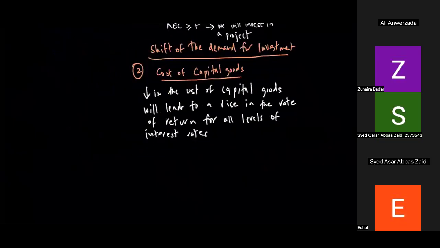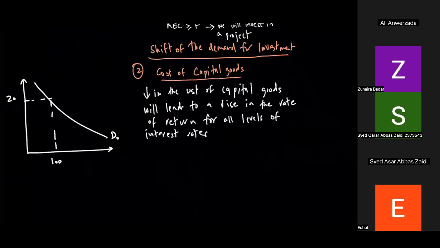way I will see is that earlier if you were investing 100 at 20%, now at 20%, if this was the demand for investment, you will probably be investing more because more projects will become financially viable.